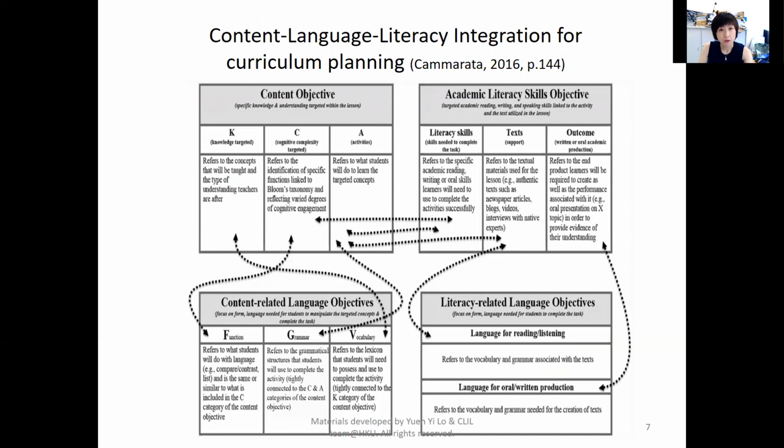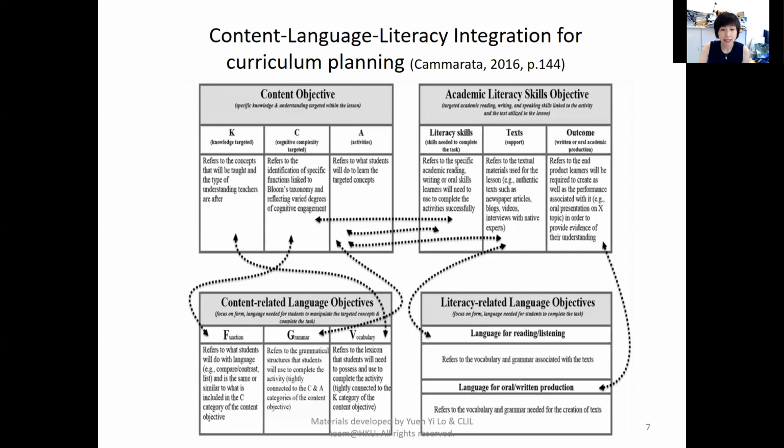To set the objectives for CLIL or content-based lessons, Camerata proposed the Content Language Literacy Integration Framework. This framework consists of 4 sets of objectives, and each set has different components. For content objectives, they include the knowledge targeted, cognitive skills involved, and the activities. For academic literacy skills objectives, they include literacy skills related to complete the task, textual materials used, and written or oral academic production.